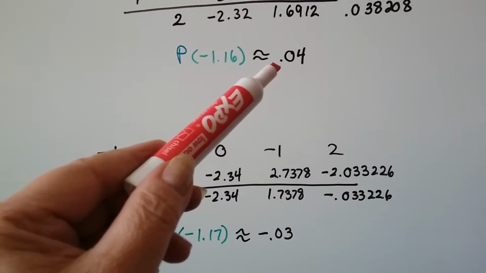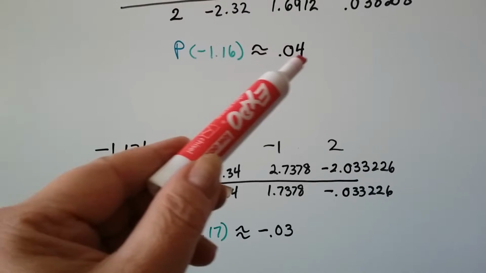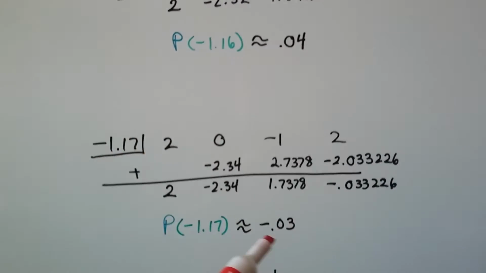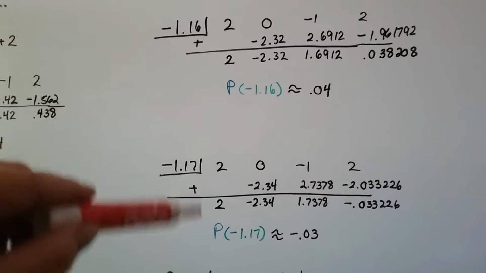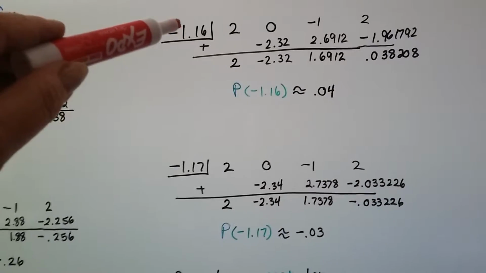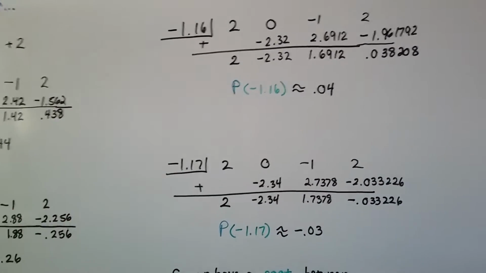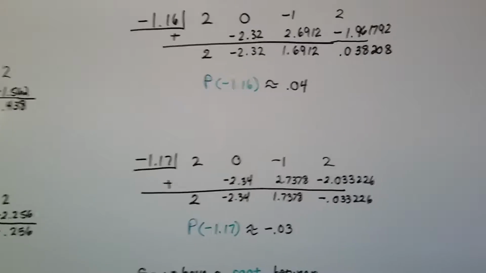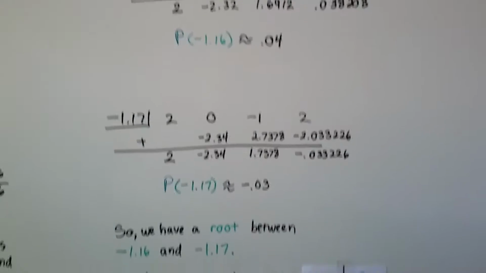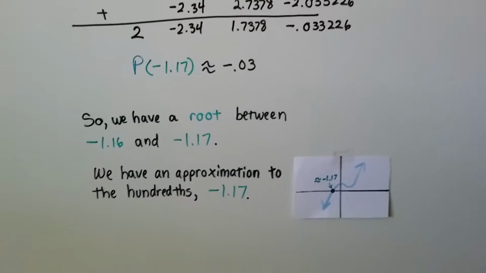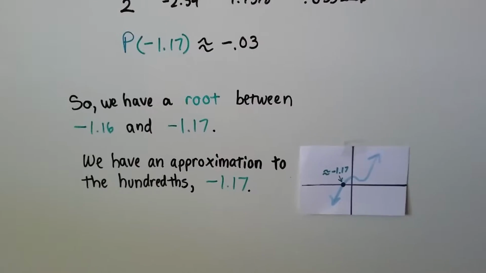So we went from a positive 0.04, 4/100ths, to a negative 3/100ths. That tells me it's somewhere between negative 1.16 and negative 1.17. We could continue to try to get it as close to 0 as possible, but that's pretty close. So we have a root between negative 1.16 and negative 1.17.